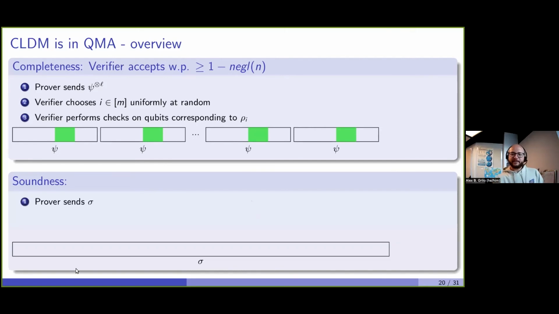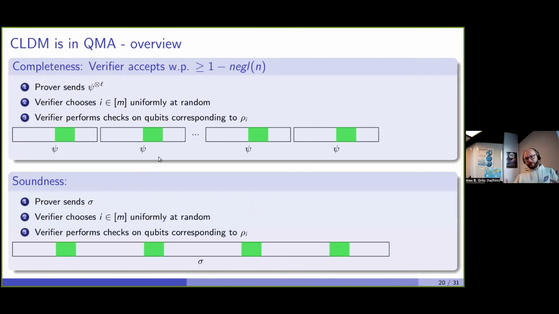But for soundness, the prover is supposed to send this tensor product of psi, but a malicious prover, trying to cheat as much as they can, can send a very big state sigma that is entangled. The verifier again chooses some I uniformly at random and performs the local check on this big state sigma, at the places where rho I should be on each copy of psi.